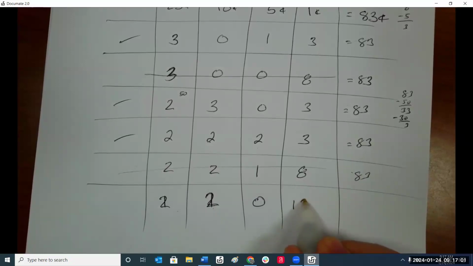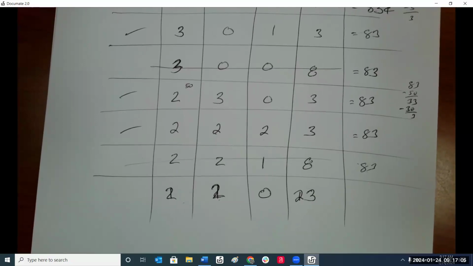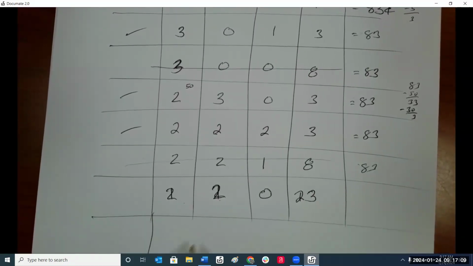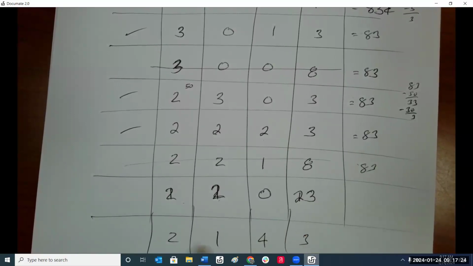We need 23 cents. Too many. So we can't. How about if we had 2, 1. So it's 50, 60, 83. This is exactly 10 coins.